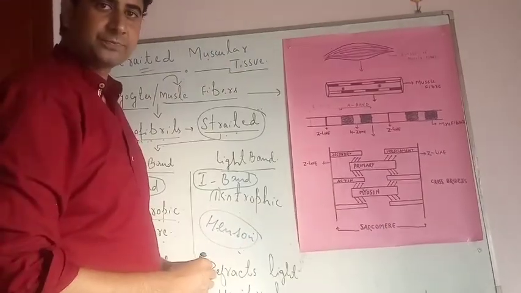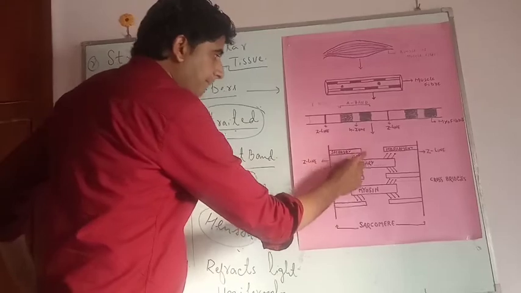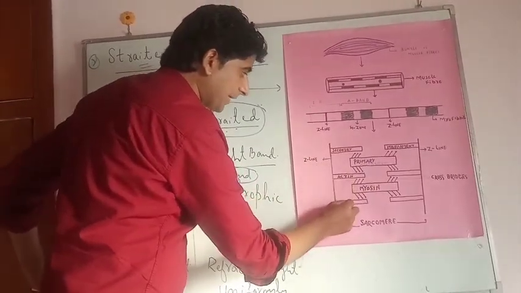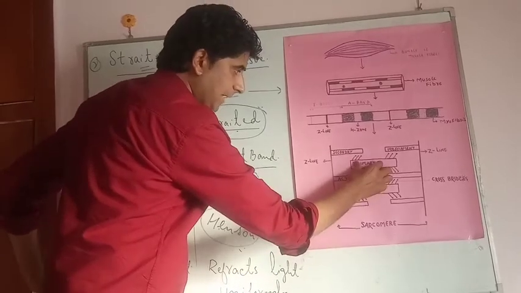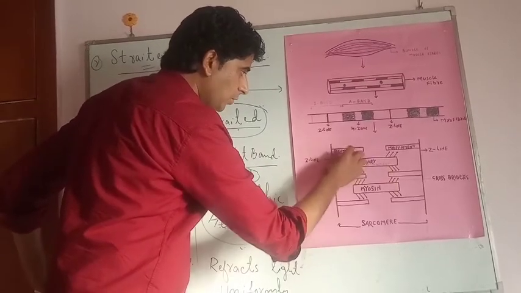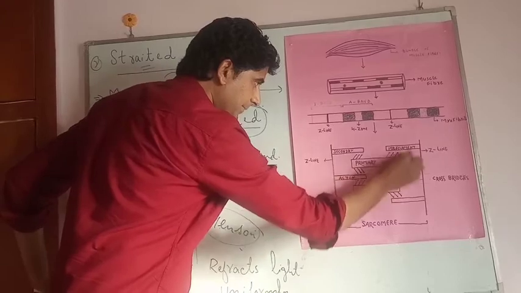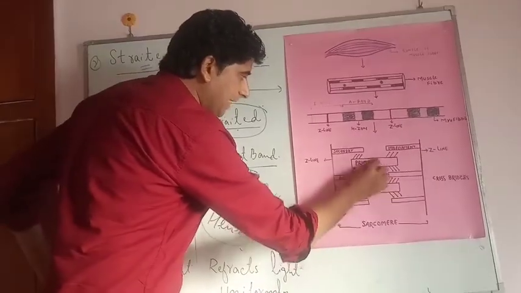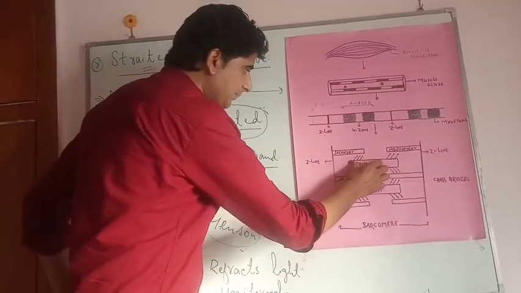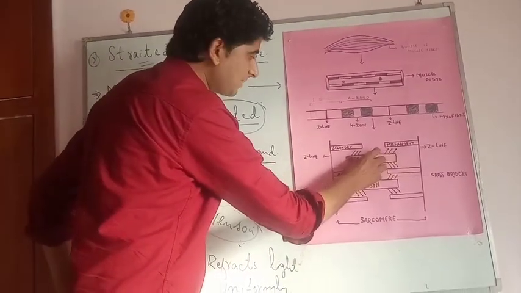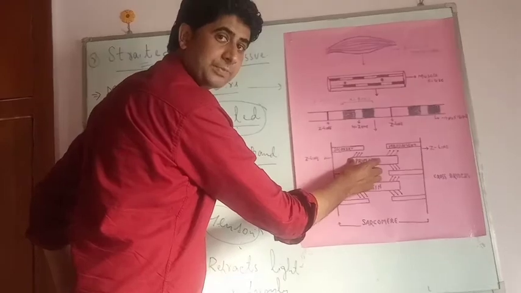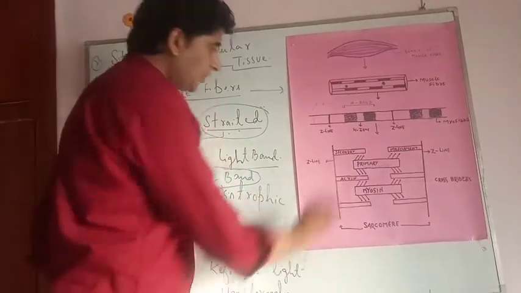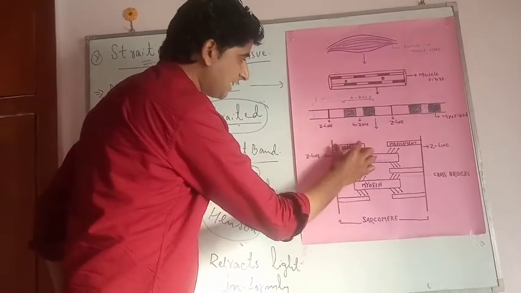Now, a sarcomere possesses two types of myofilaments: primary myofilaments and secondary myofilaments. ये है primary myofilaments और ये वाले हैं secondary myofilaments. अब ये जो primary myofilaments है, these are long as well as thicker as compared to the secondary myofilaments, which are narrow as well as short in size.